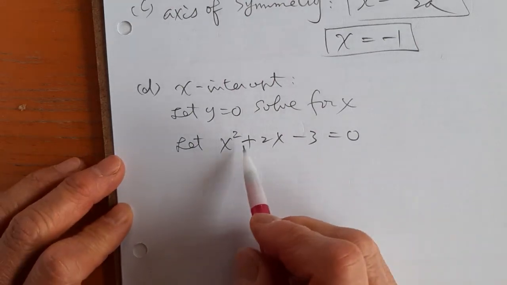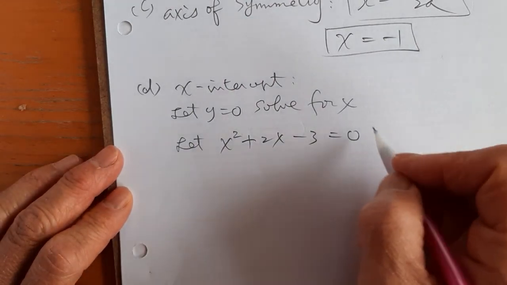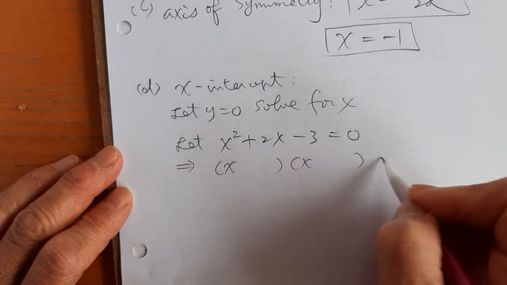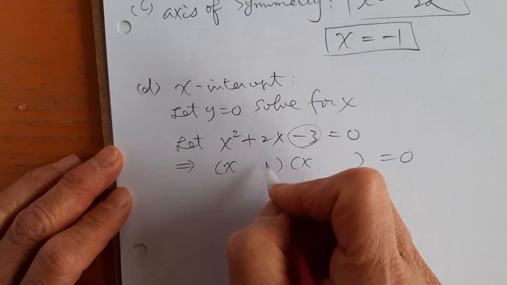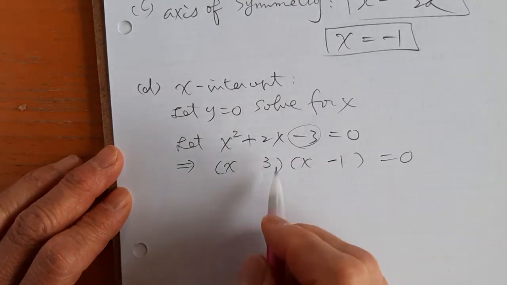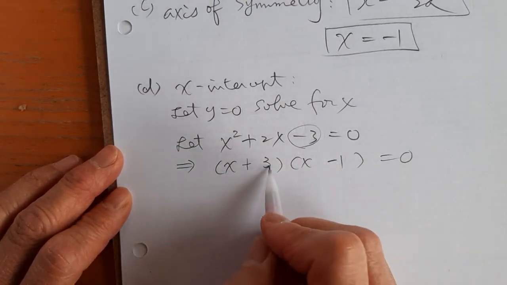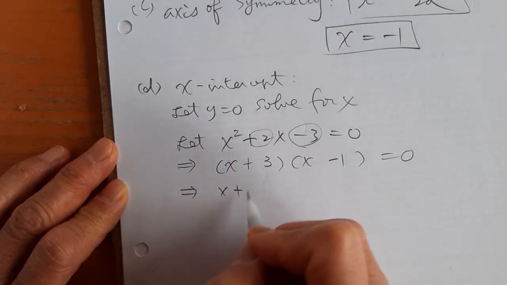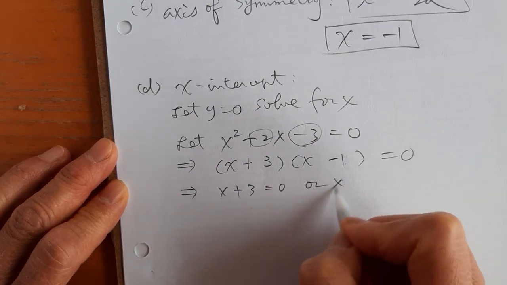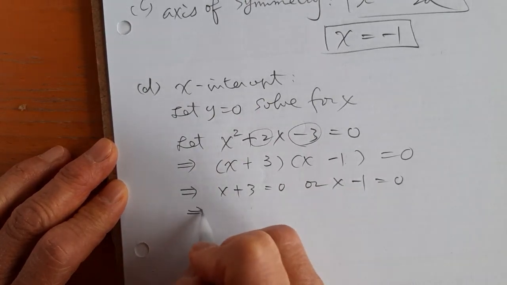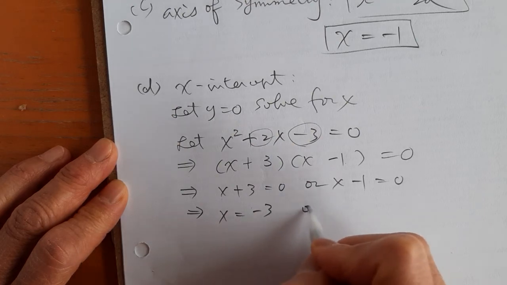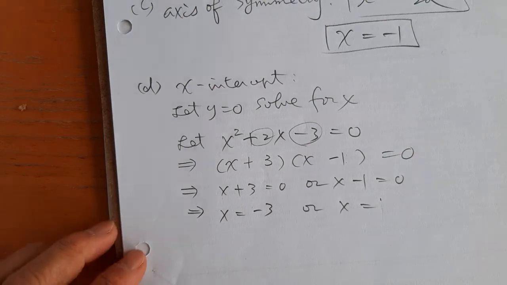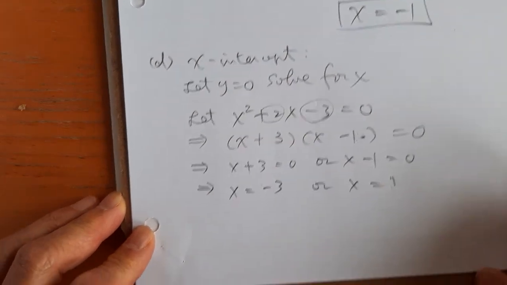This one we can factor. We factor it as x plus 3 times x minus 1, because 3 times negative 1 is negative 3 and added together is positive 2. Then either x plus 3 equals 0 or x minus 1 equals 0. Solve for x: x equals negative 3 or x equals 1.